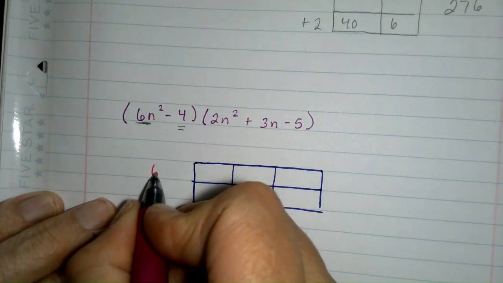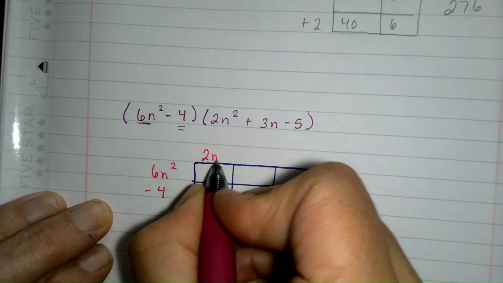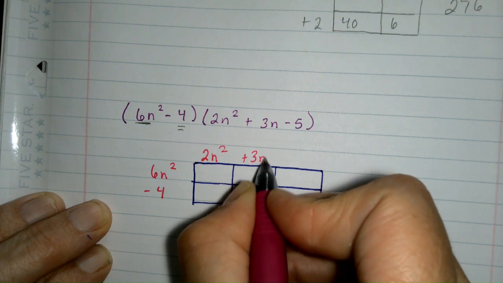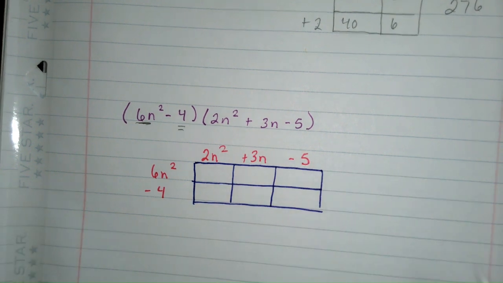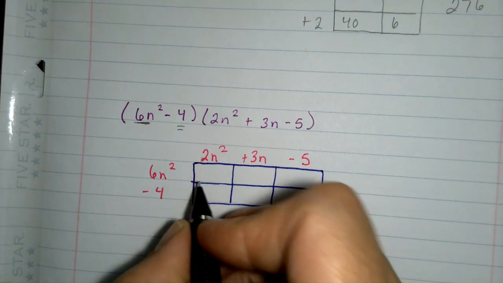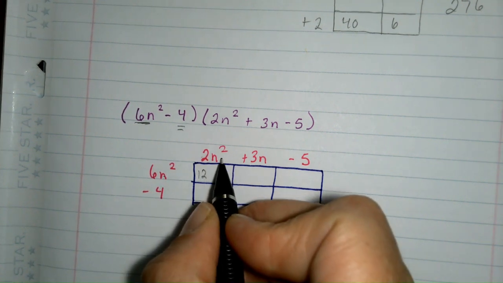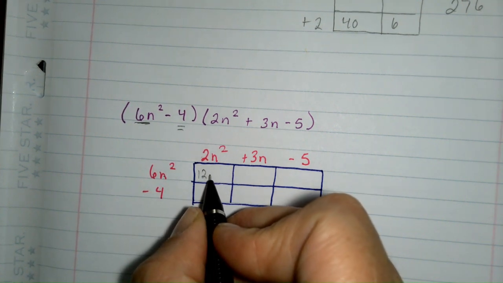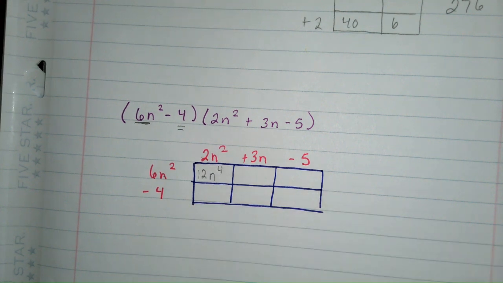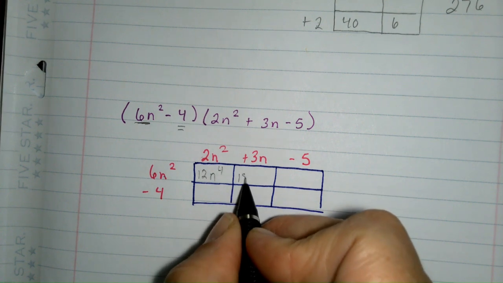We have a 6n squared minus 4, 2n squared plus 3n minus 5. So we know 6 times 2 is 12. There's 2 n's here and 2 n's here, so when we dump them all into one group, there's 4 n's. 6 times 3 is 18.